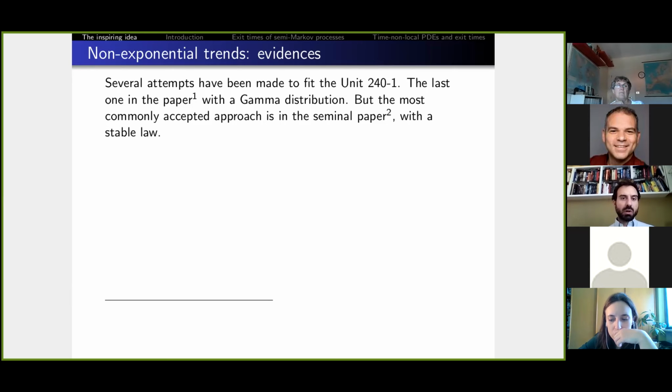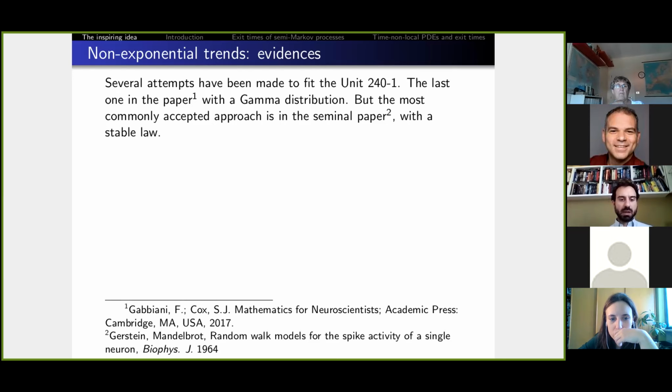But the most common approach is given by the author of the first paper itself, Bernstein and Mandelbrot, a very historical paper on this topic. They essentially believe that this decay can be fitted with a stable law, so with power law decay of the distribution, which in principle could be parameterized, because if it is a power law decay, so a stable law with stable parameter alpha, you can in principle estimate the parameter alpha.